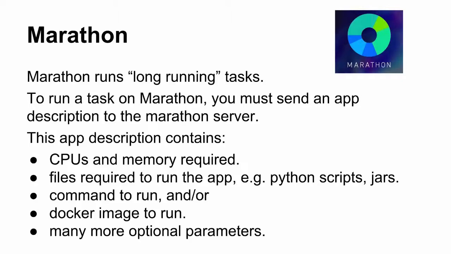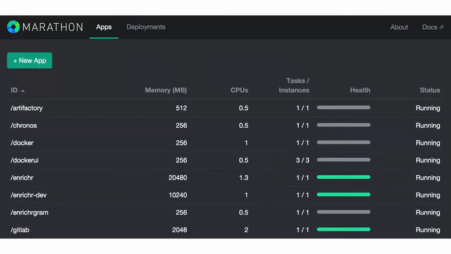This might be Python scripts, or if it's a Java application, then the command to start the task, or the Docker image to run. So you can run Docker images, or you can run just scripts or jars or any program you can run from the command line. And there are many more optional parameters, including, like I mentioned, the health checking, or grouping apps together, or dependencies.